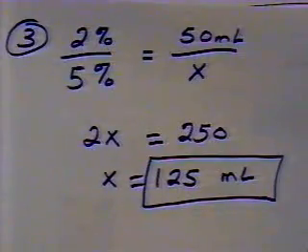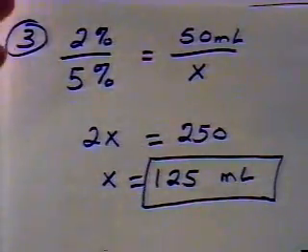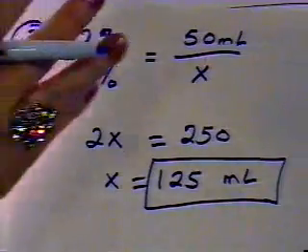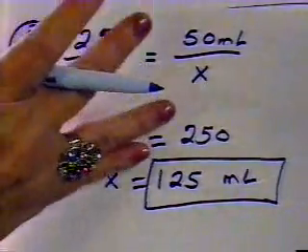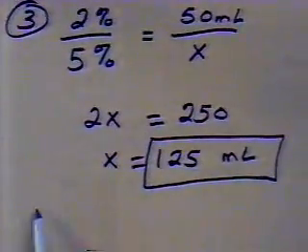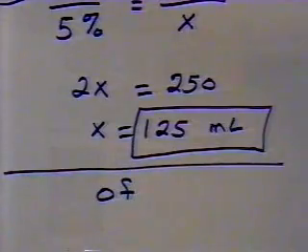Now you have to memorize the formula. Once you've got the formula memorized, it's just as simple to work, but you have to know strength desired over strength on hand, amount on hand divided by amount desired. Now, one way when you set these up, you can check, is you can find the two numbers connected by the word of. Number 3 says 50 milliliters of 5%.